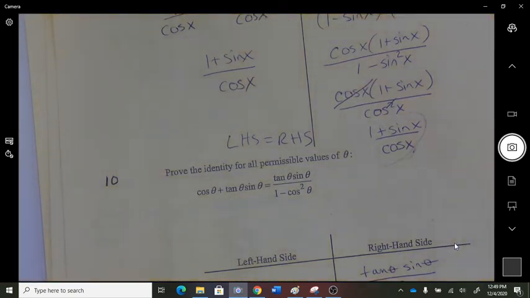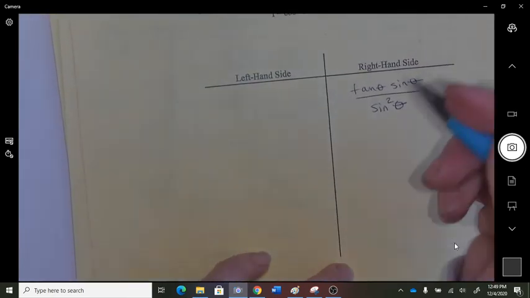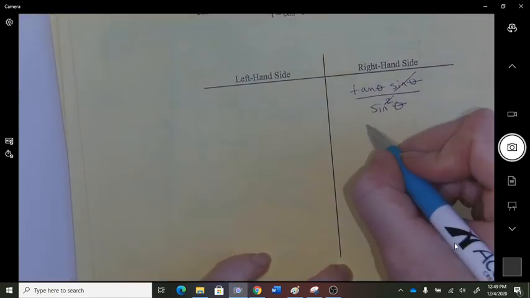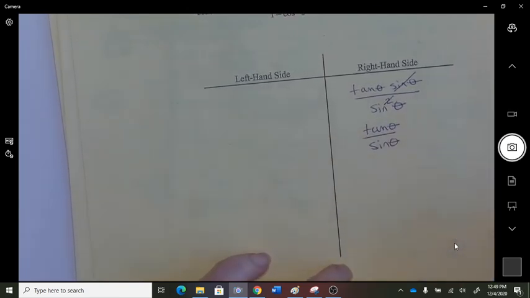Should we cancel sine and see where we would go? So sine and sine, so I get tan theta over sine theta.